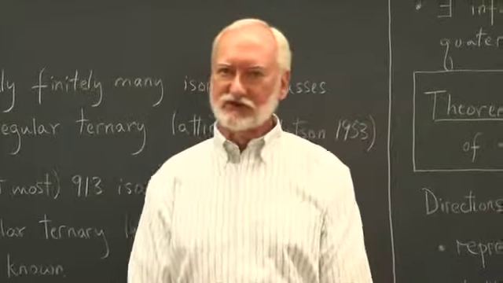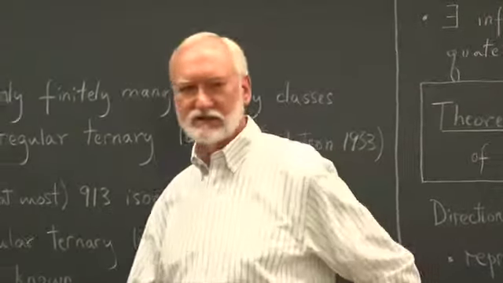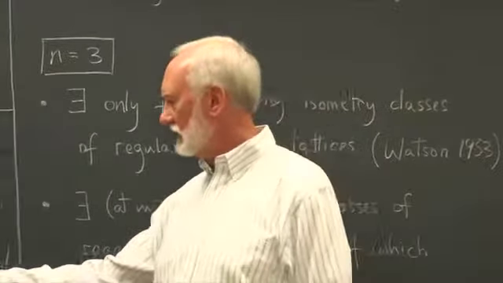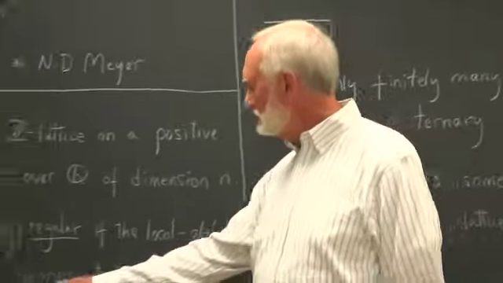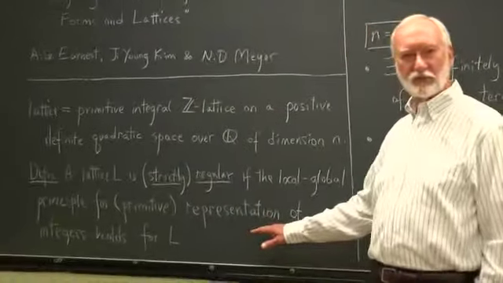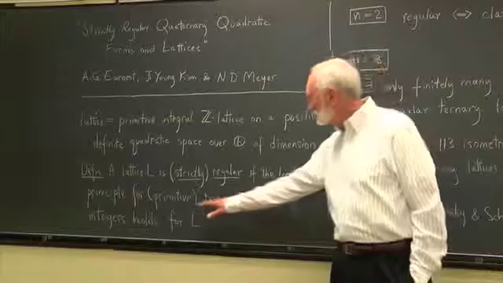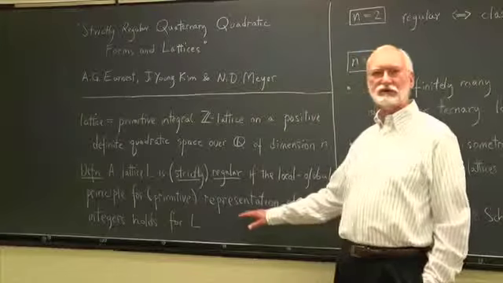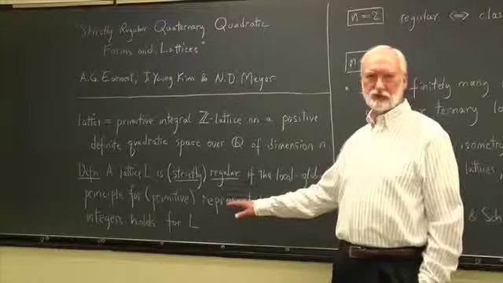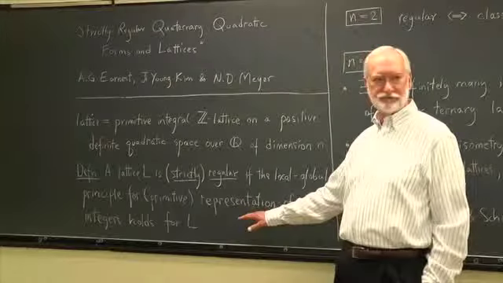One way of getting such a condition is to come back to this definition of regularity, and instead of looking at arbitrary representations as we did here, we can restrict only to the case of primitive representations, both locally and globally.